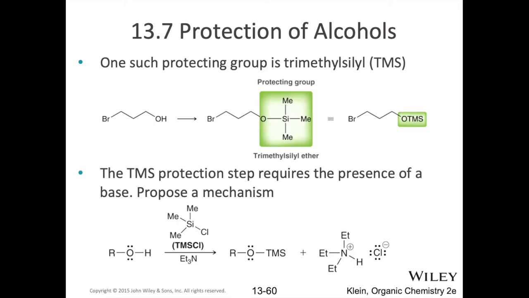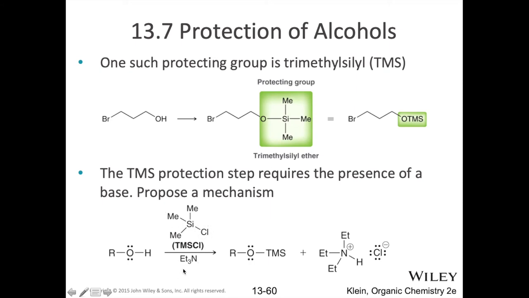Typically, we use a trimethylsilyl ether. It's typically abbreviated as TMS, or trimethylsilyl group. So you essentially use your alcohol as a nucleophile, and it kicks off a chlorine group here.